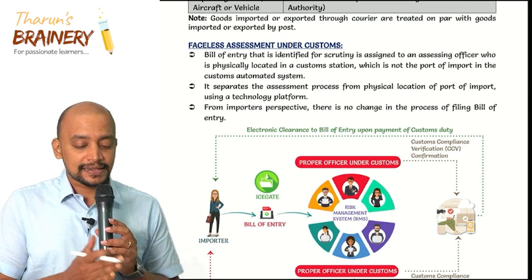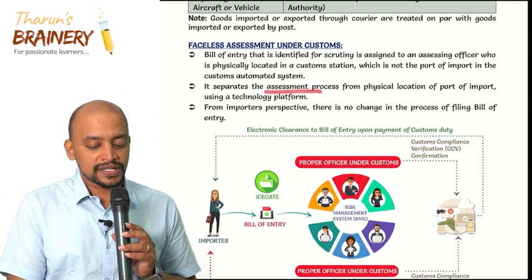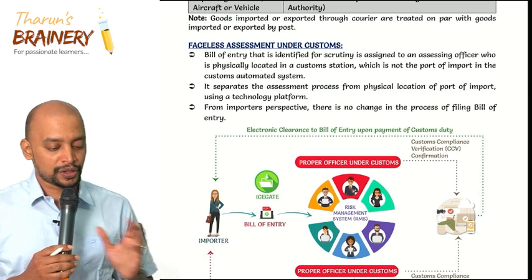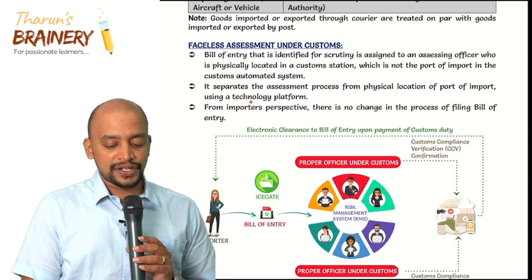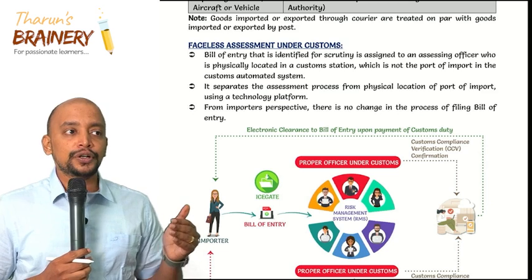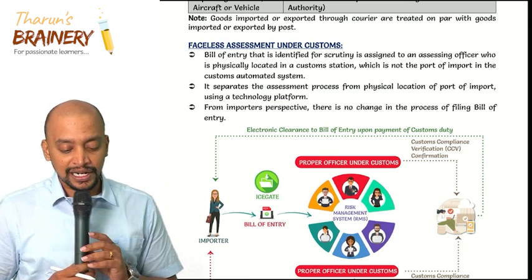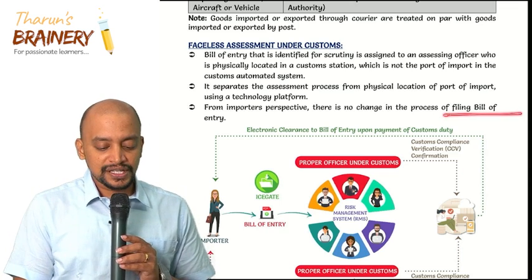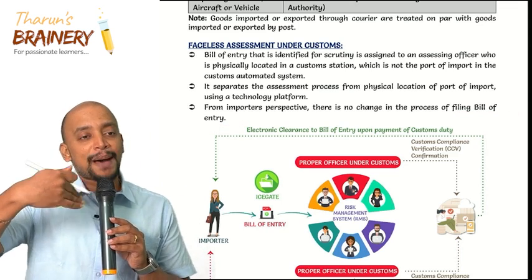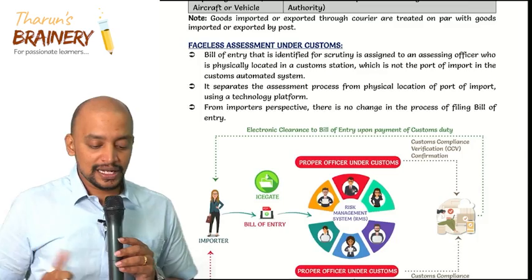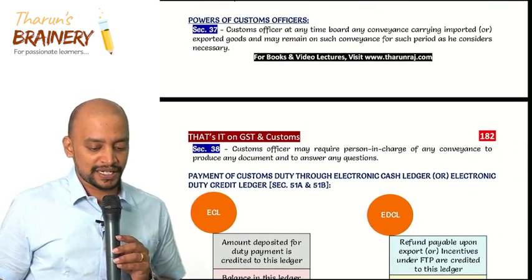Basically it separates the assessment process from the physical location of the port of import using a technology platform. But from the importer perspective, there won't be any change. Normally, he will file the bill of entry, and that process he will be following. It is only the back end that will change. That is with respect to this faceless assessment.